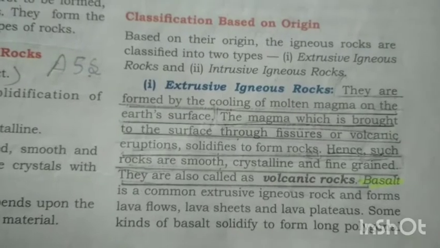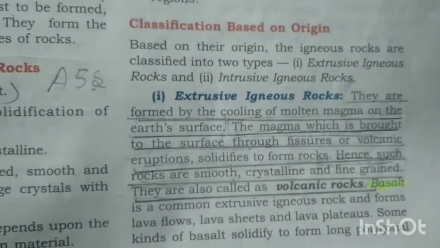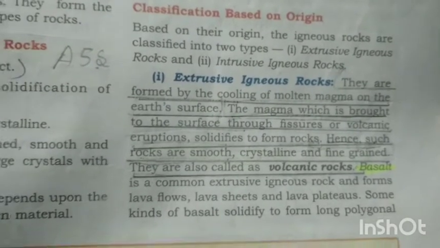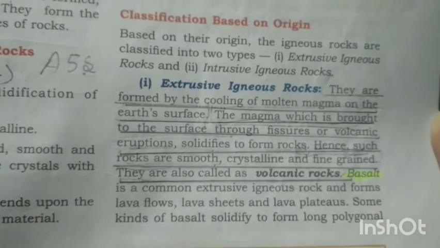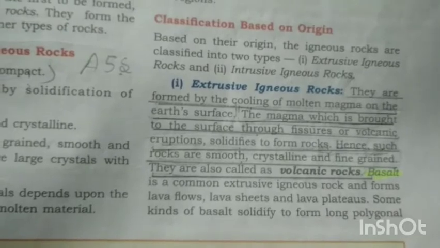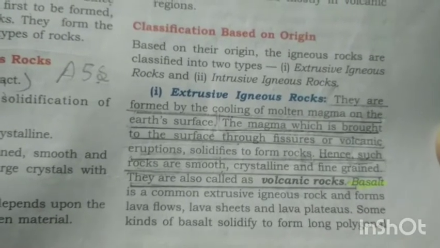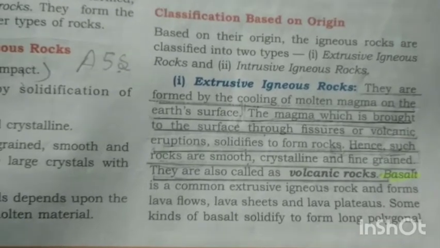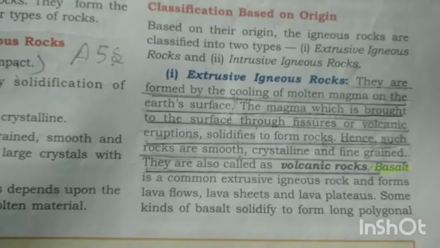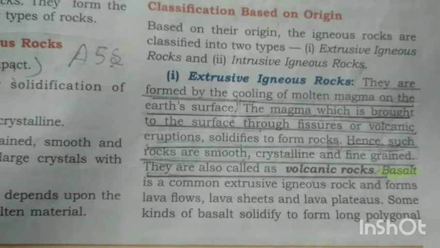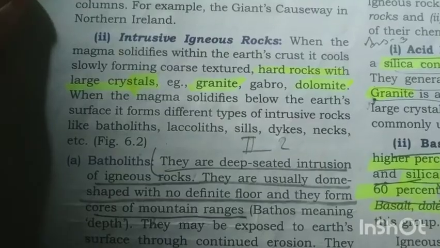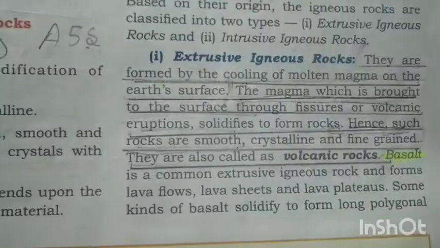Next is the classification based on origin. So the igneous rocks are classified into 2 types based on their origin, from where they originated. First is extrusive and second is intrusive. Extrusive rocks are formed on the Earth's surface, while intrusive rocks form below the Earth's surface.